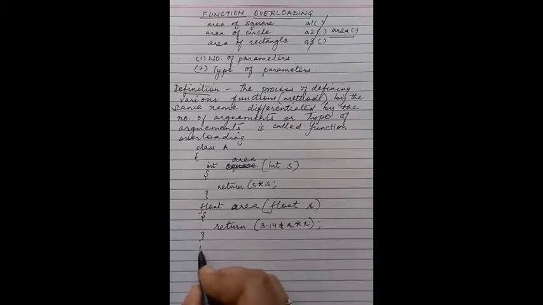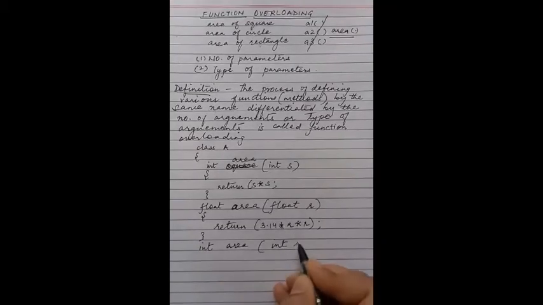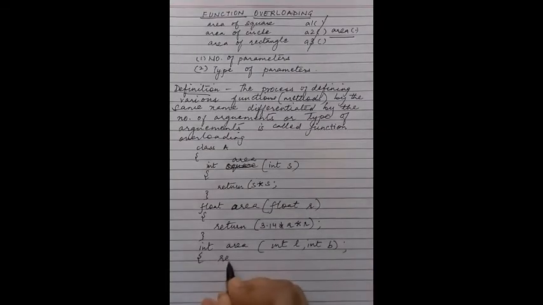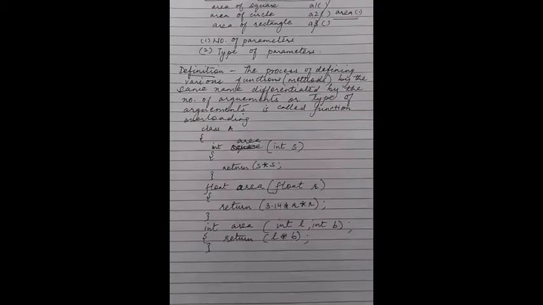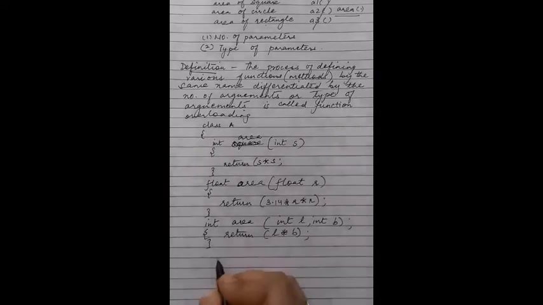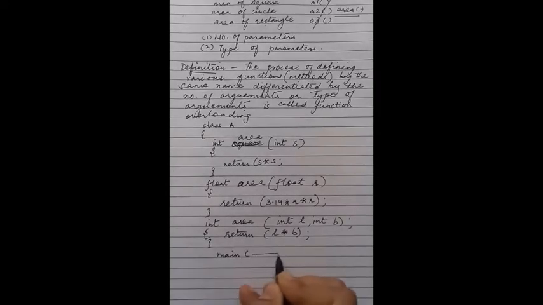Third one is the area of a rectangle. Area, int l, int b. So here I am returning l into b. It is an integer value. So these are the three functions which I have declared. Now in main, please write public static void main and so on.